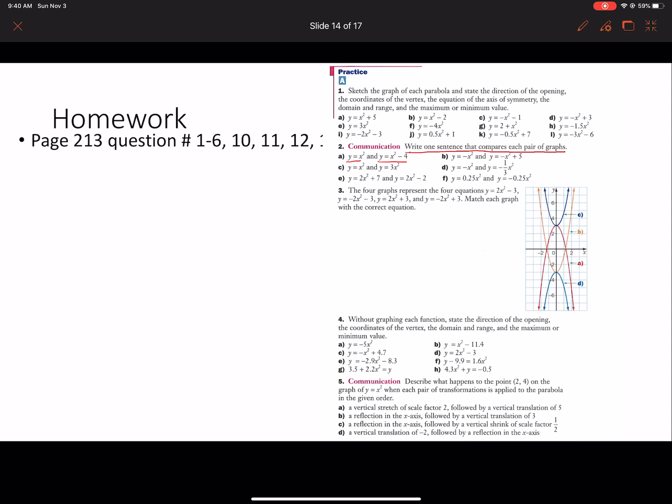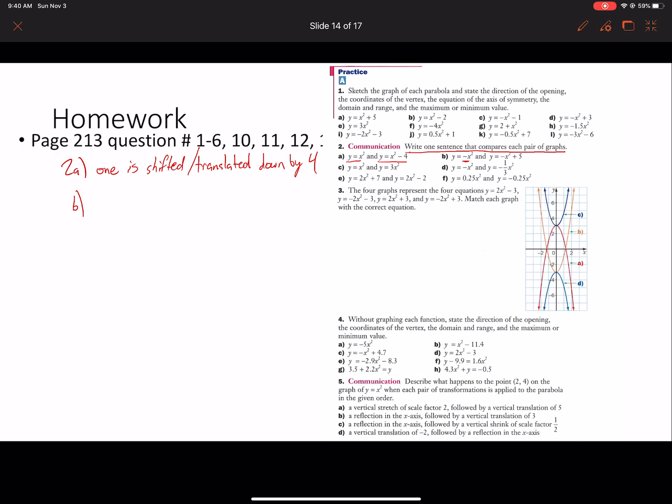So basically 2a is 1 is shifted or translated down, down by 4.